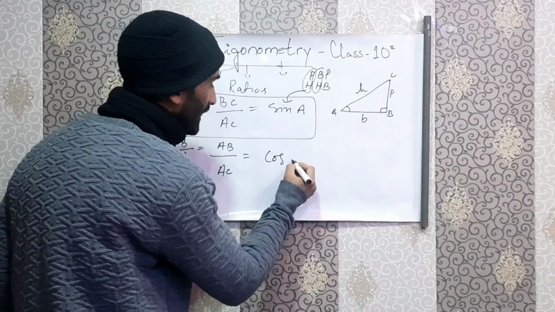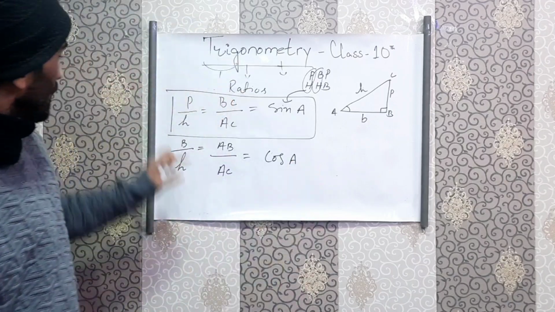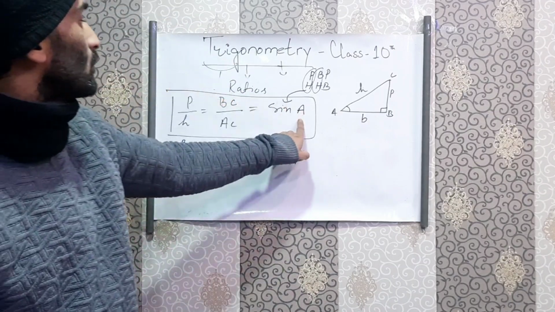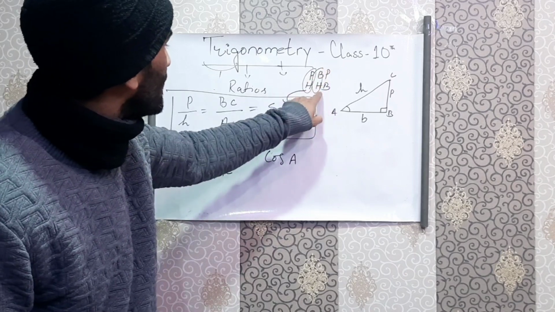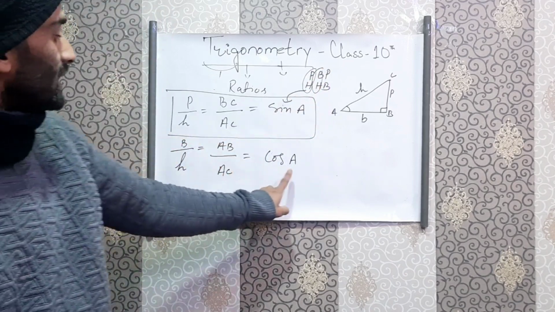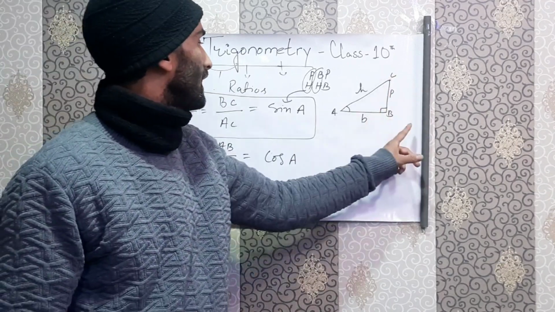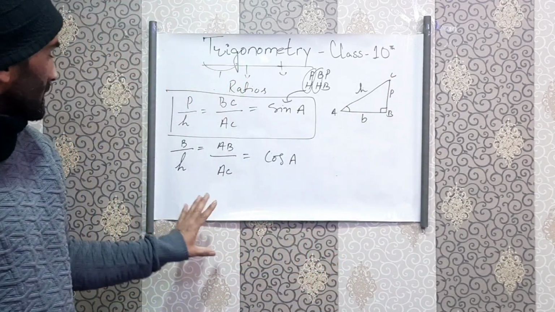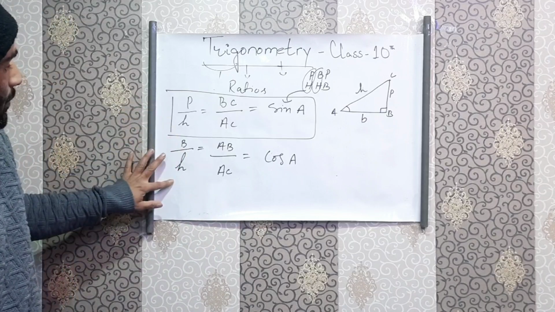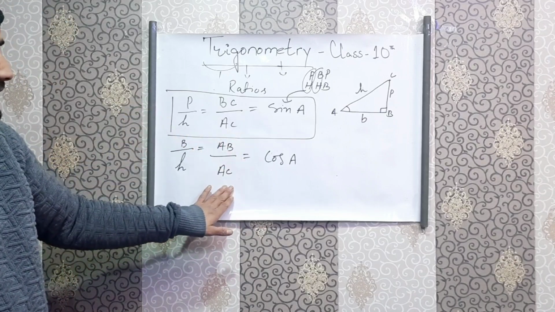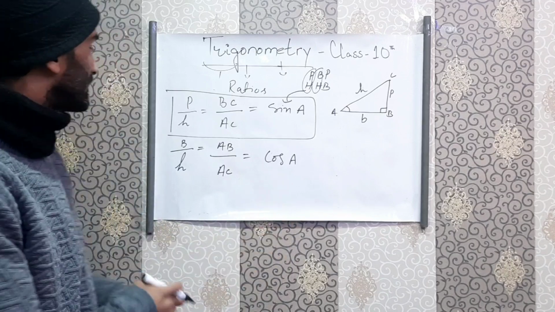And what is the angle here? A. Means the first ratio, perpendicular by hypotenuse, is sine. The second ratio, base by hypotenuse, that is cos. Here our base is AB and hypotenuse is AC. So base by hypotenuse is equal to AB by AC. That is our cos A. This is the second ratio.